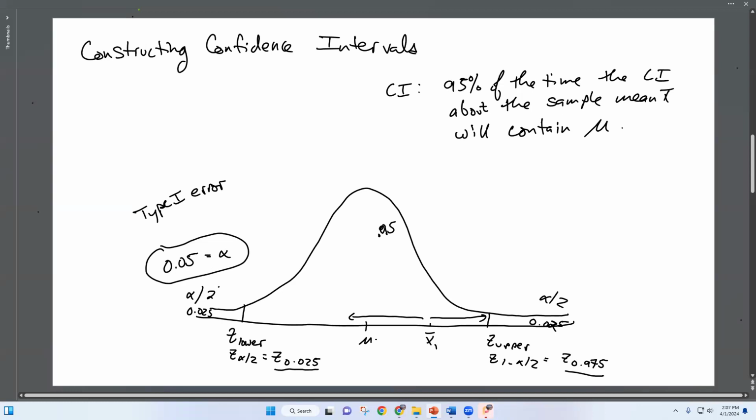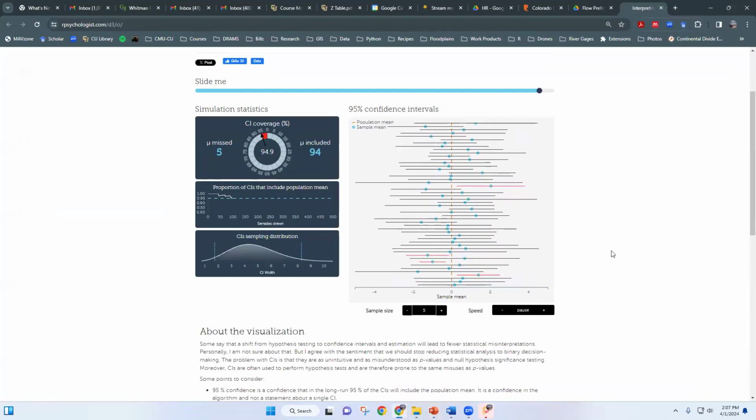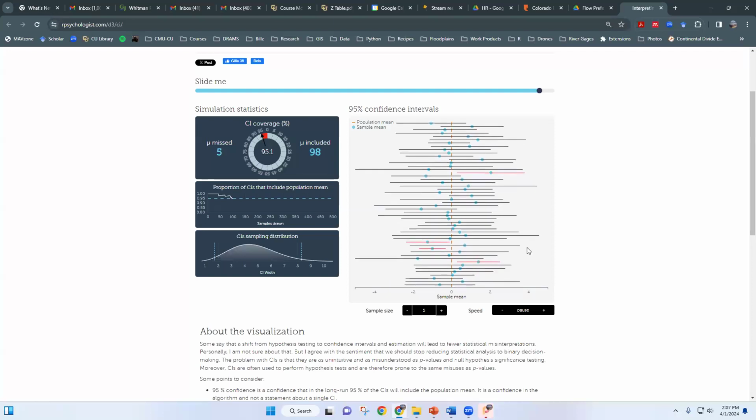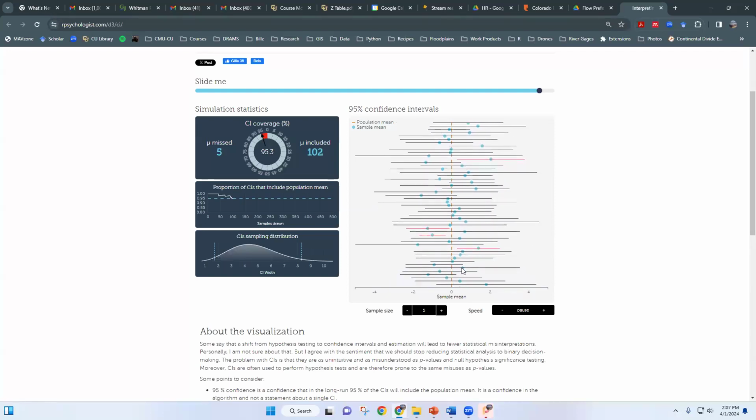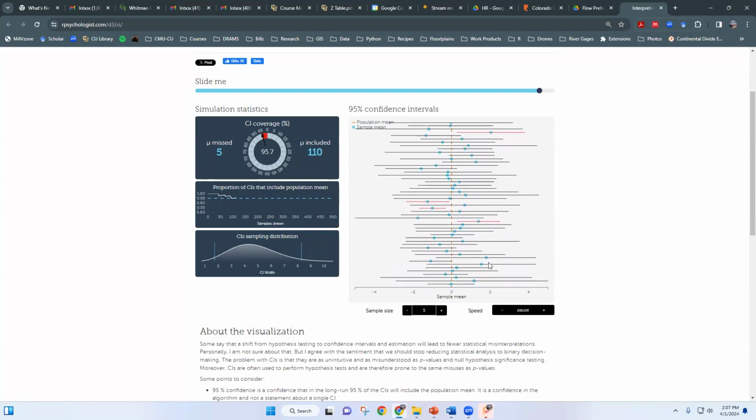So let's take a minute to look at what this looks like in a simulation. This simulation is taking random samples. The blue dots are the mean values, and the bars are the 95% confidence intervals.